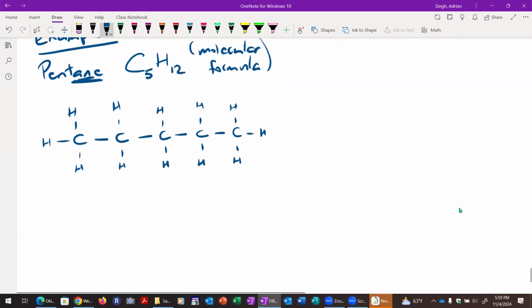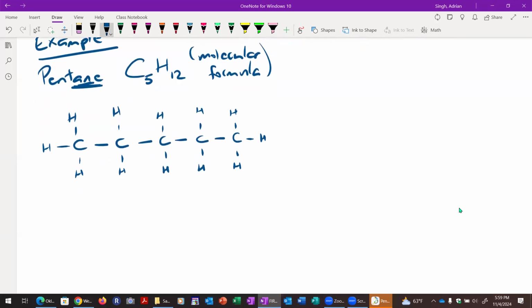Especially as the size of the organic compound gets larger, this phenomenon of isomerism becomes more and more possible. What we can do is take these components and arrange them in a different way. Instead of having 5 carbons in a row, what if I had 4 in a row: 1, 2, 3, 4.